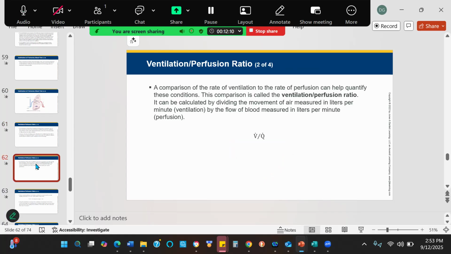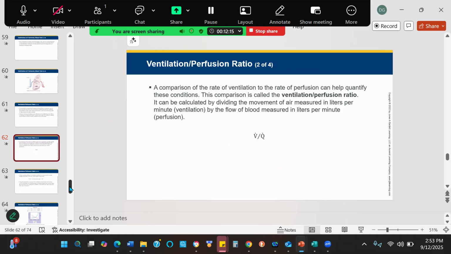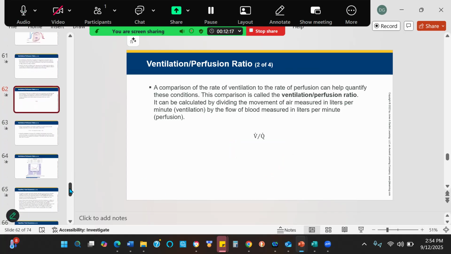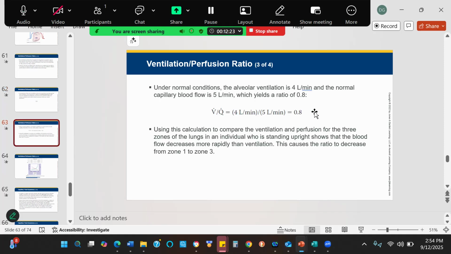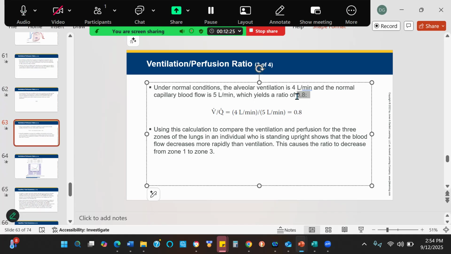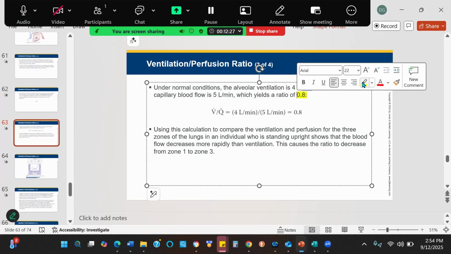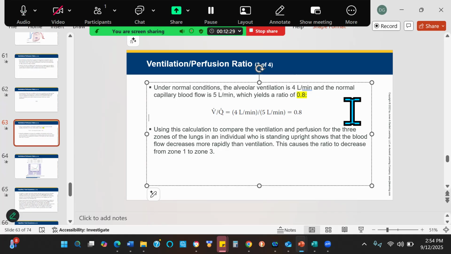Ventilation perfusion ratio can be calculated by dividing the ventilation by the perfusion. In a lot of patients, it turns out to be roughly 0.8, which is another way of saying that the system's not perfect. If the system was perfect, we would have a VQ ratio of 1, but that does not happen.